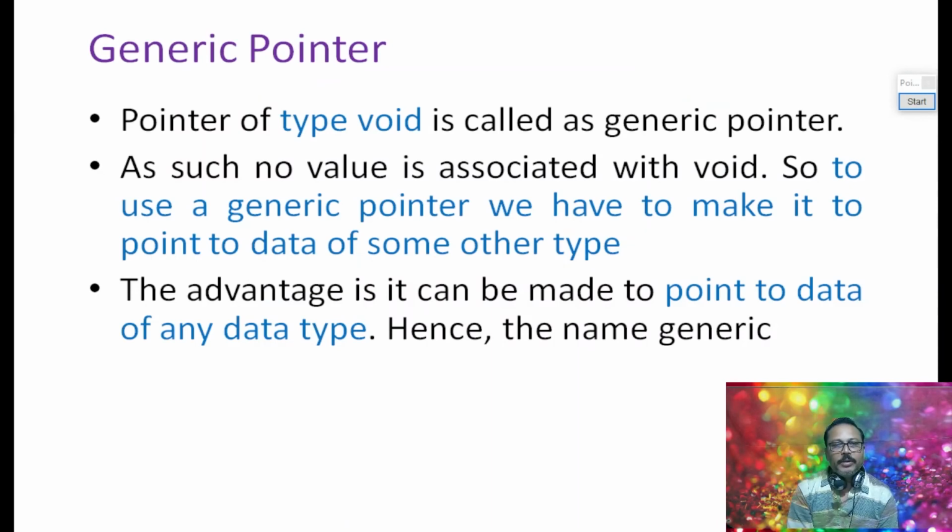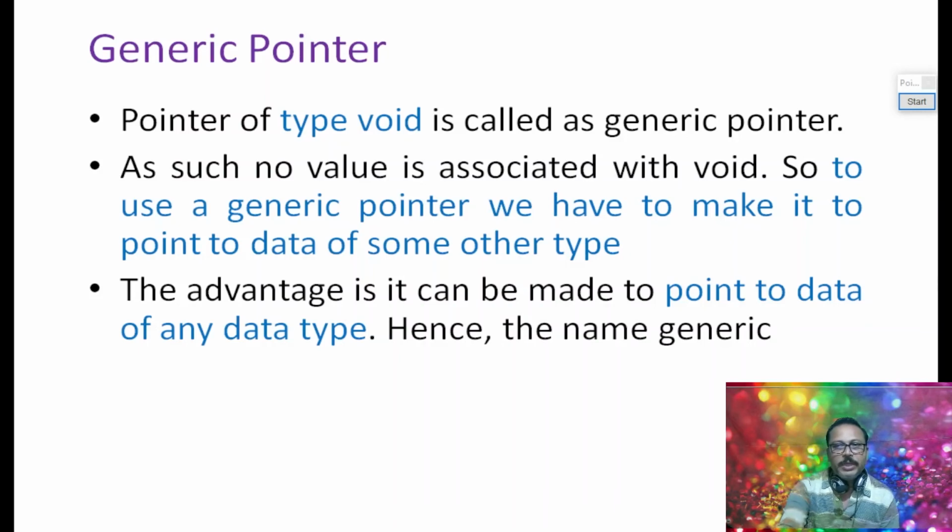Generic pointer, or general pointer, you can say. A pointer of type void is called a generic pointer. As such, no value is associated with void. To use a generic pointer, we have to make it point to data of some other type. The advantage of this generic pointer is it can point to anything.